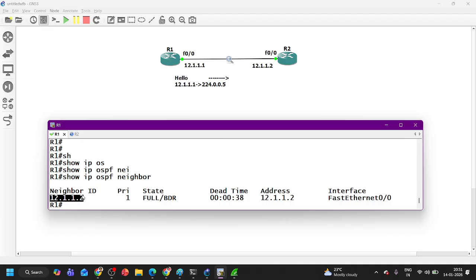All link state routing protocols maintain a neighbor table to store the neighbor information. Here the neighbor IP address is 12.1.1.2. Priority is 1. State is full. Neighbor is BDR, right? The dead interval of this neighbor is 38 seconds, but after 10 seconds it is again going to receive a hello message and it will reset the timer. Then the address of the neighbor and the interface on which it has discovered the neighbor. This is the neighbor information.